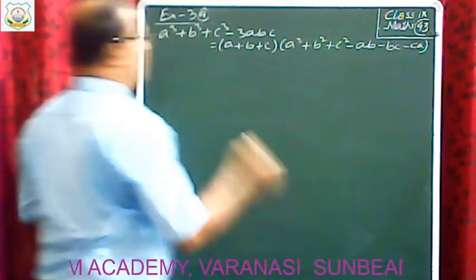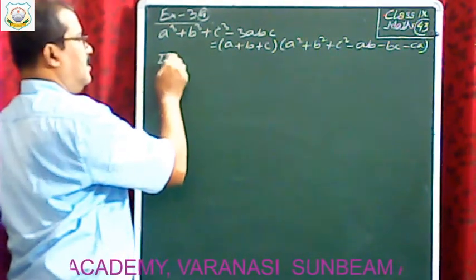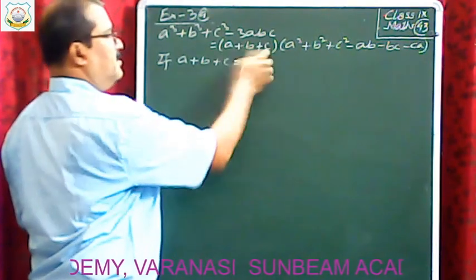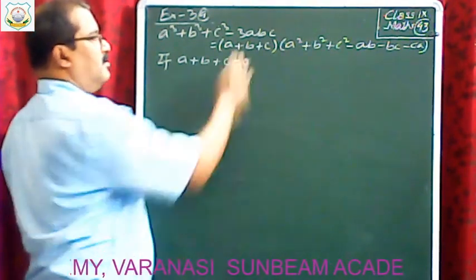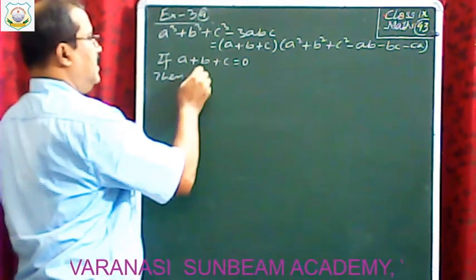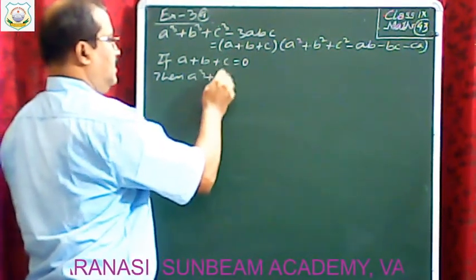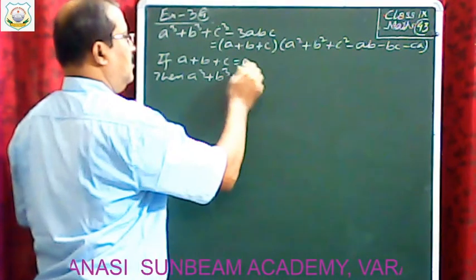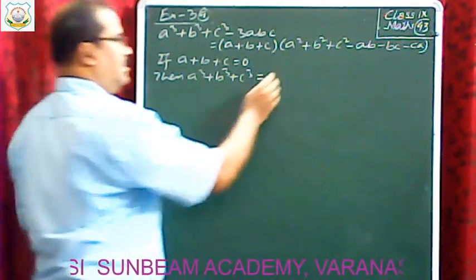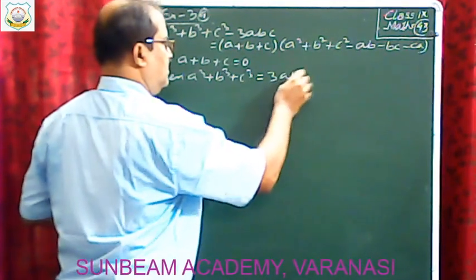Okay, if a plus b plus c equal to 0, now this part is 0, so 0 into this whole is 0. Then what happened? Then a cube plus b cube plus c cube, transposing minus 3abc, so plus 3abc.